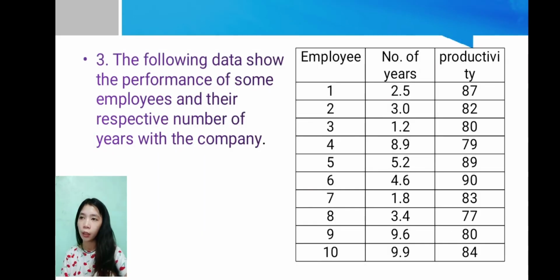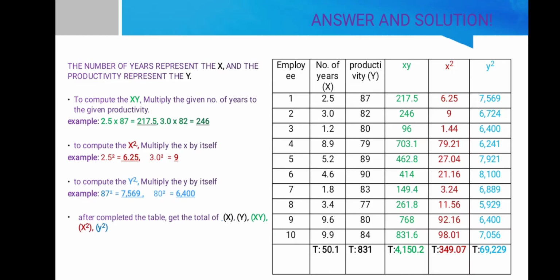Number 3. The following data show the performance of some employees and their respective number of years with the company. The number of years represents the x and the productivity represents the y. To compute the xy, multiply the given number of years to the given productivity. Example, 2.5 times 87 equals 217.5. 3.0 times 82 equals 246.